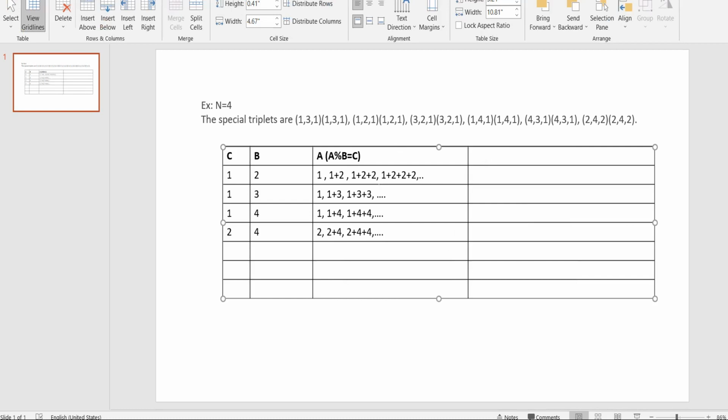But there is something that we need to consider. As a should be less than or equal to n, we need to find out how many a's we can take for the given b and c.